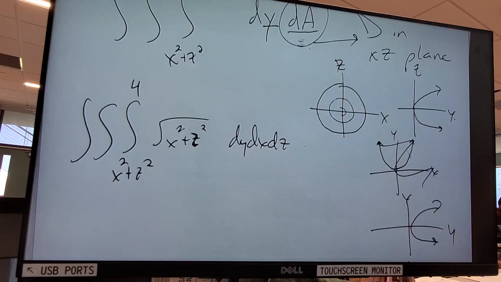All right, let me see. This is a region, sort of like the room could be a region. Don't you agree this room has equations for its boundaries? Every boundary, yes?